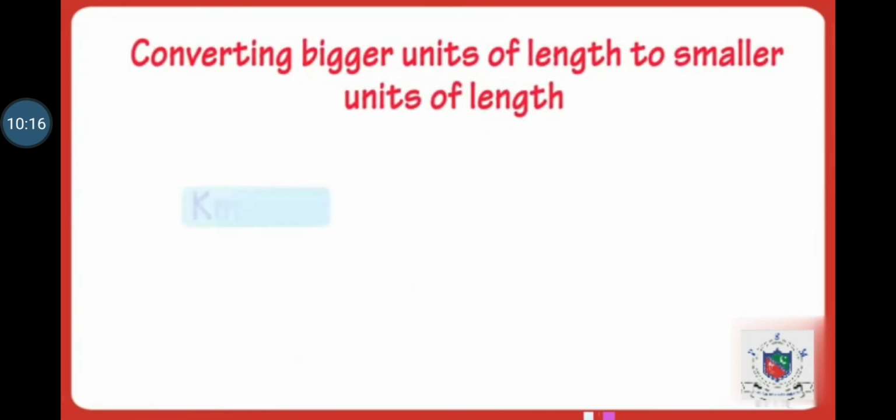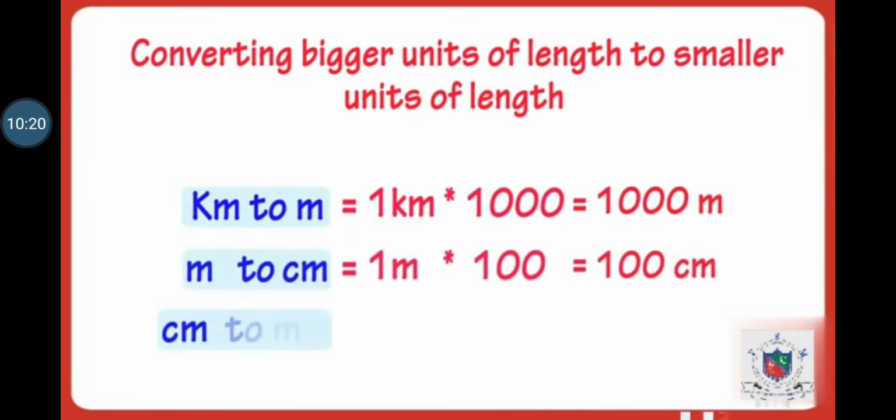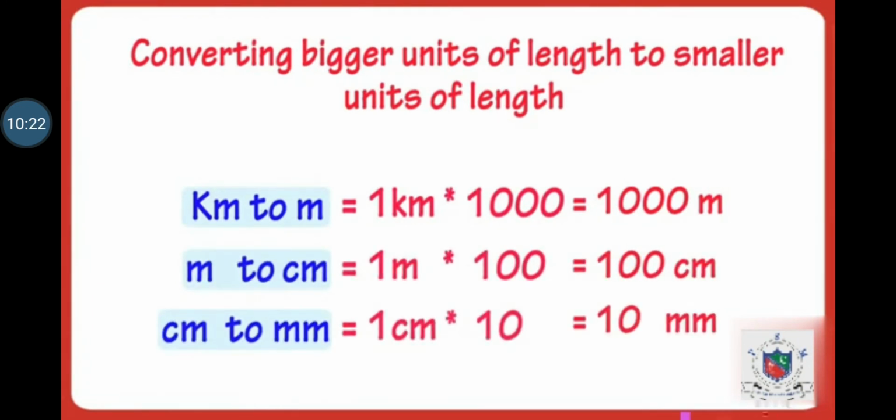My dear students, these are the important points that you should remember: while converting the bigger units to the smaller units, always we need to multiply according to the unit. As in 1 kilometer we have 1000 meters, so we need to multiply by 1000.